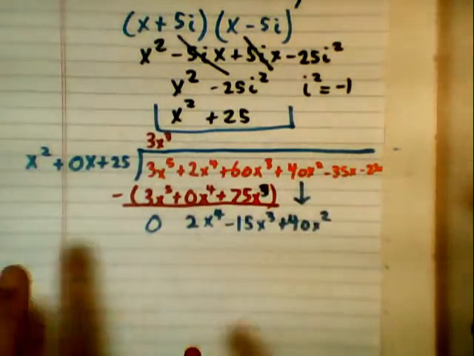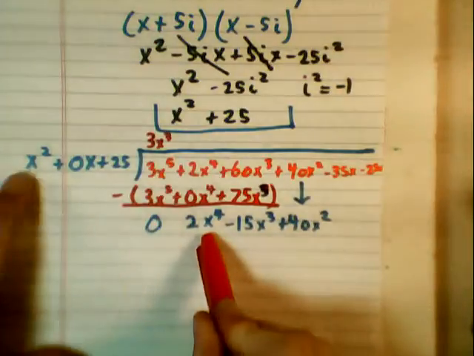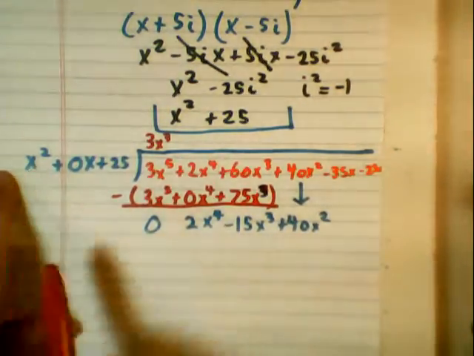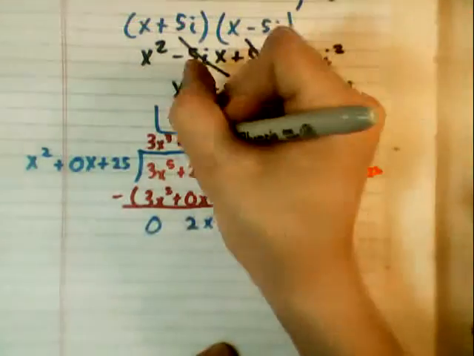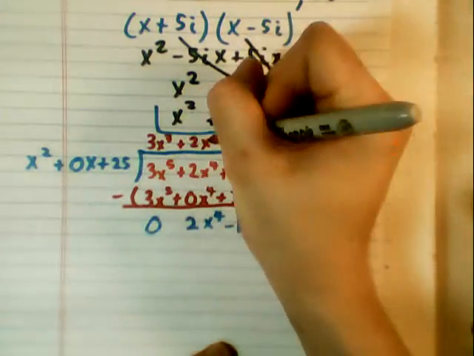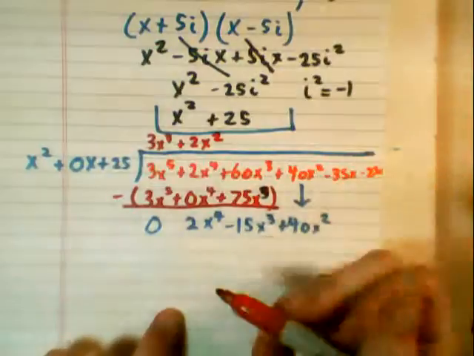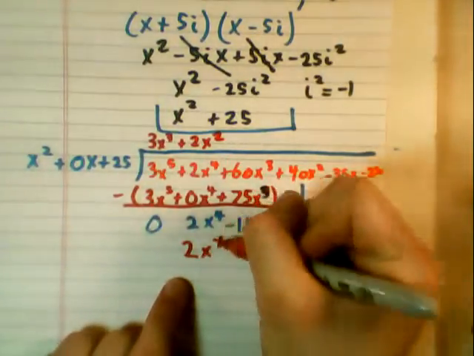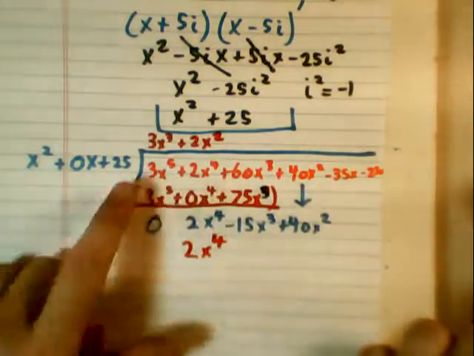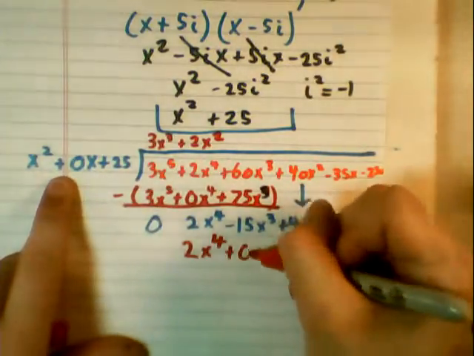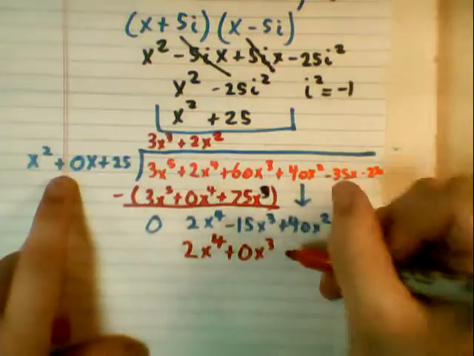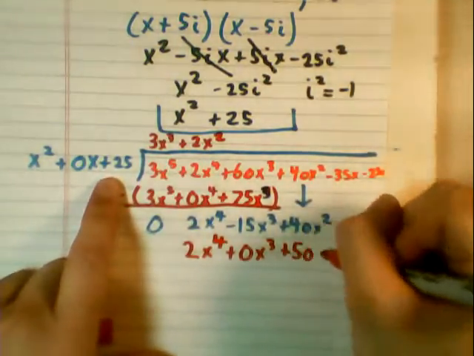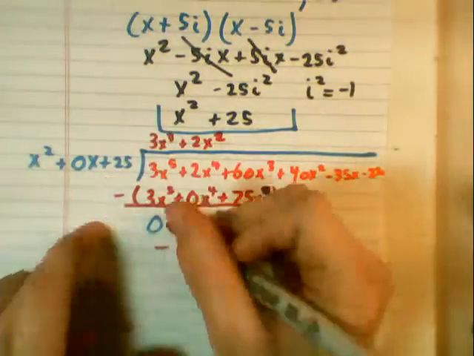So 2x squared times this will get us 2x to the 4th. So I add that up here, 2x squared, and now let's multiply it out. We get 2x to the 4th, then plus 0x to the 3rd, plus 2 times 25, 50x squared. And remember, we're subtracting all that.